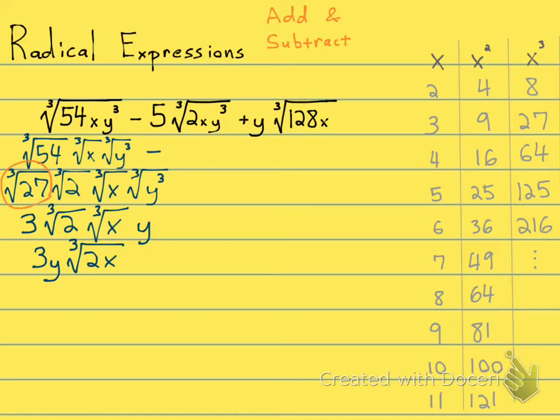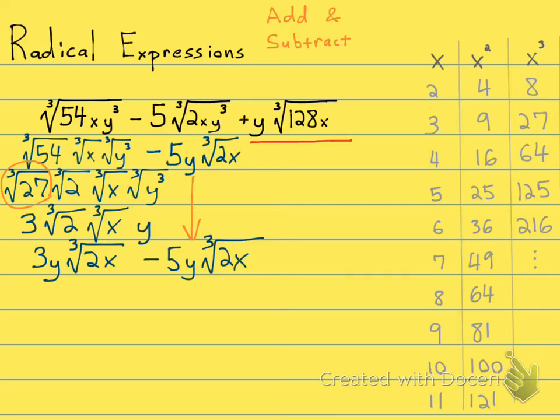Okay, so minus 5, here's the y, and then the 2x stays under the radical. I could tell just by looking at this that I couldn't find the cube root of 2 or x. Okay, so this term is simplified. Let me go ahead and drop it down. So this is going to be minus 5y cubed root of 2x.